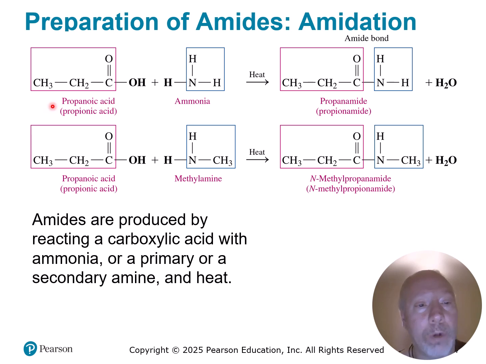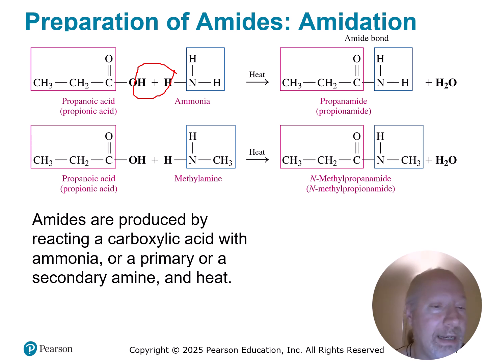For example, if we take propanoic acid and react it with ammonia, a base, and provide some heat, then we will get propanamide, which is an amide, and we get a dehydration reaction because we lose water. Where will we lose water? It should be obvious. We're going to lose water right there, and we're going to have propanamide. So we can make amides from carboxylic acids and ammonia.